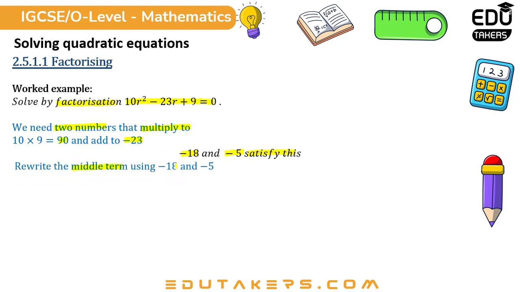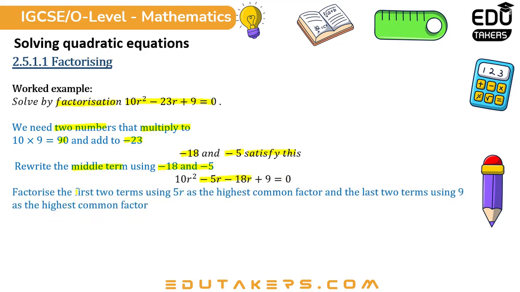So rewrite the middle term using negative 18 and negative 5. It will be 10r square minus 5r minus 18r plus 9 is equal to 0. Factorize the first two terms using 5r as the highest common factor and the last two terms using 9 as the highest common factor.